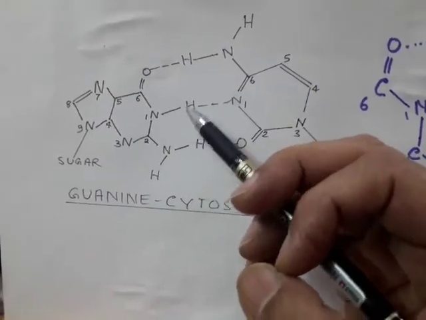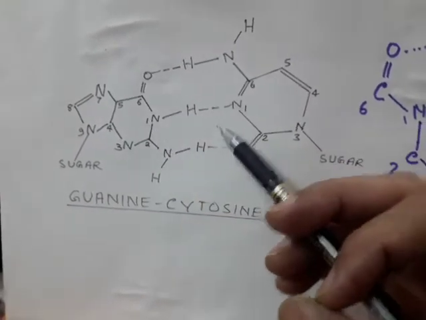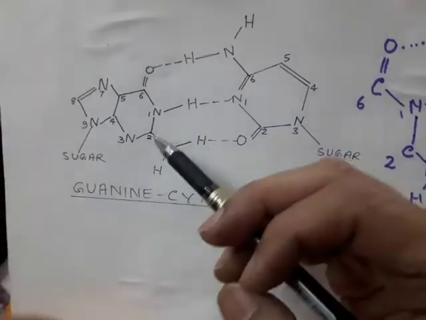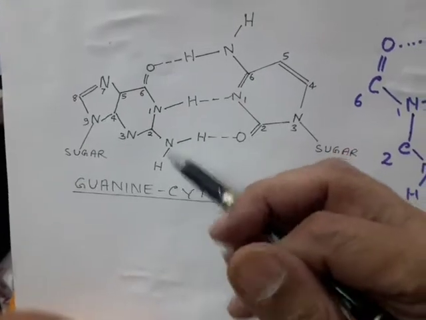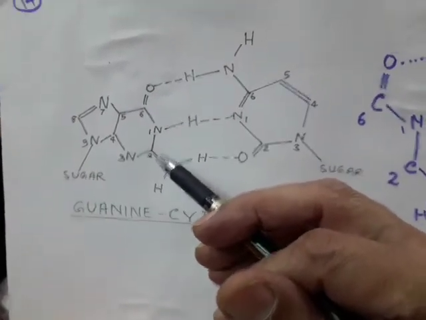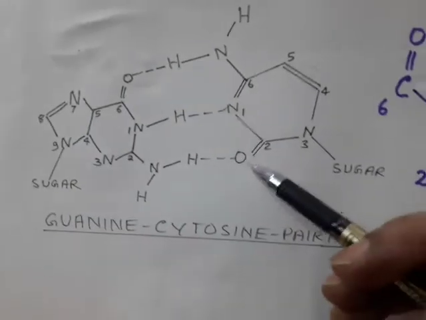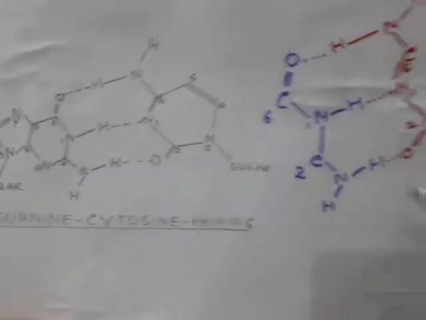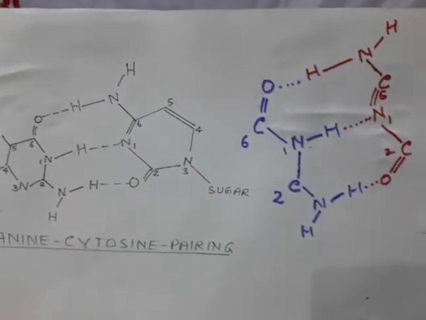Second, one hydrogen attached with nitrogen of position 1 binds with nitrogen of position 1 of the cytosine. Third, one hydrogen of the NH2 group attached with carbon number 2 position binds with the oxygen attached with carbon number 2 position of cytosine. You can express it in this way also, removing the other part.